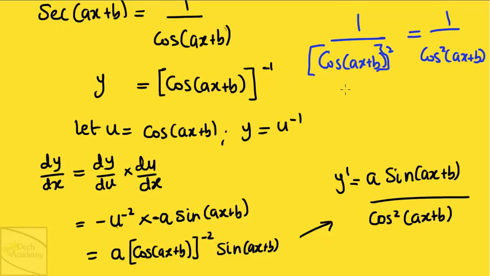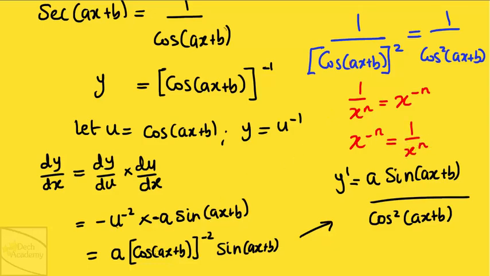And if you remember from the laws of indices, x to the minus n is the same thing as 1 over x to the n. That's what I've used there.